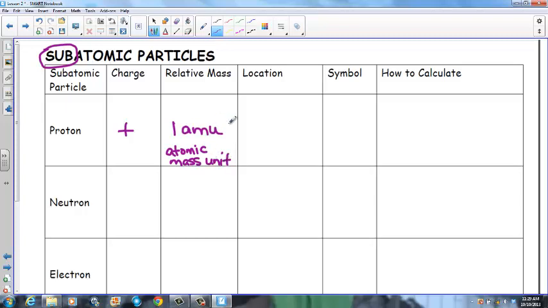And that unit is also found on your reference table. Okay, the location is in the nucleus, the central core of the atom. The symbol will be a P, and then we could have a plus for that, okay? And we will look at the atomic number to figure out what we have.